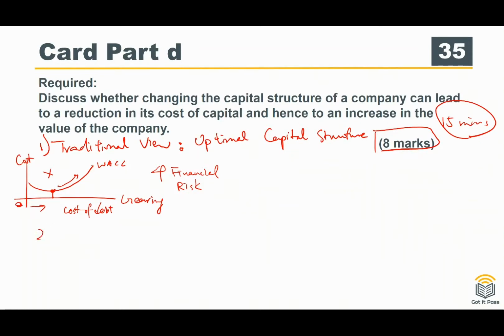And next is the M&M, the Modigliani and Miller view, but it has two propositions. The first proposition is without tax.